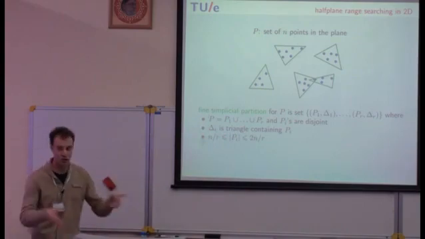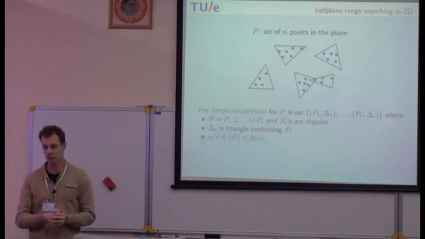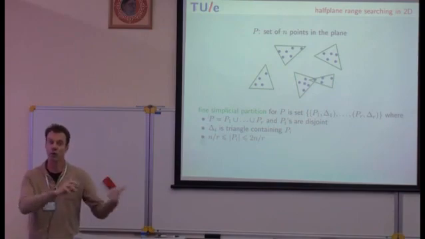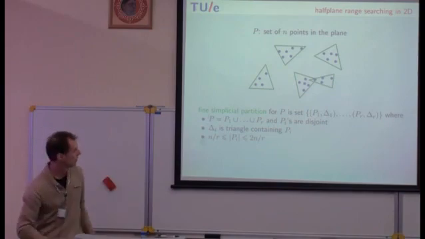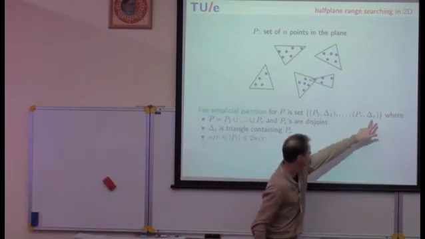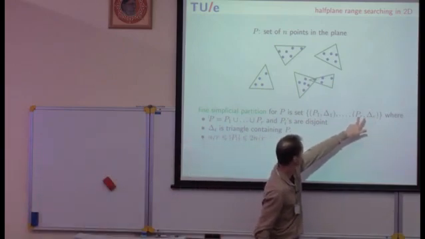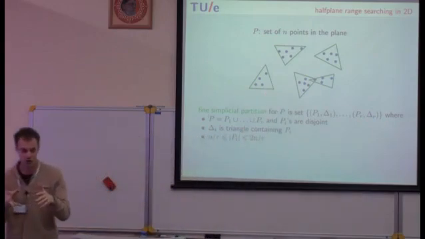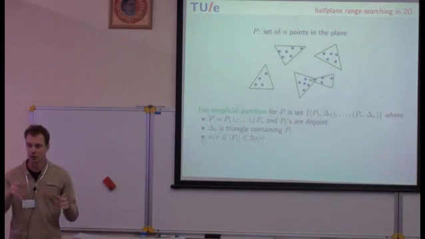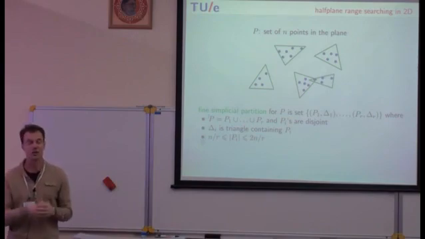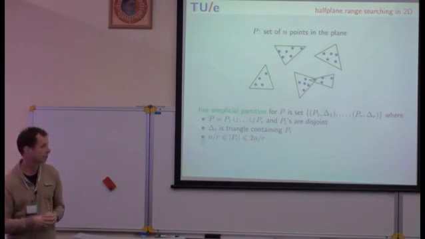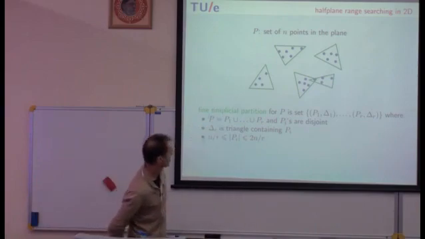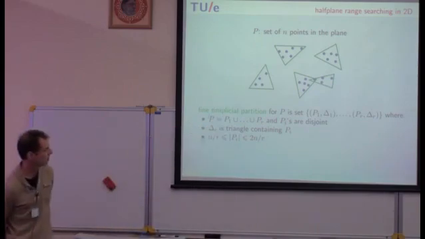Well, it's a partitioning of my set into subsets, like before, but now I have more than 2 subsets. I have some parameter r, and I have r different subsets. So here r is 5. For each subset, I have a triangle that contains all the points in that subset. So here you see 5 triangles, 1 for each point set.